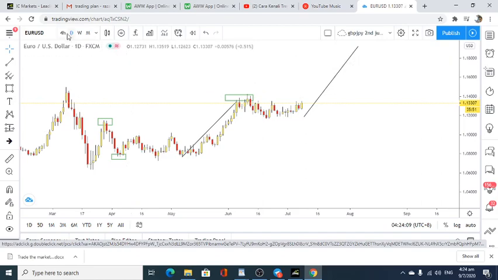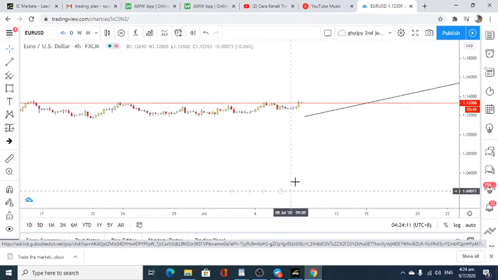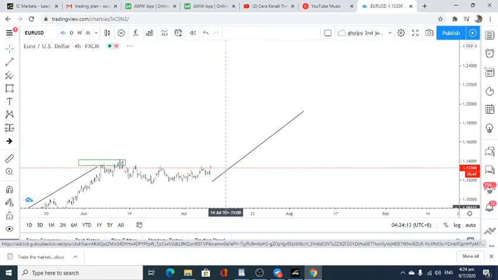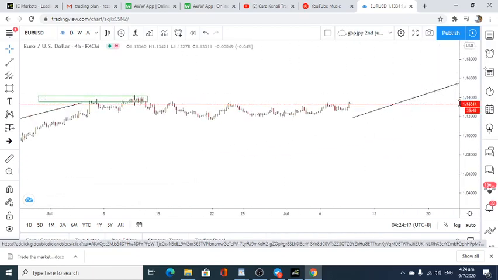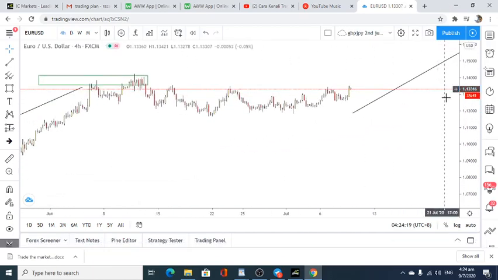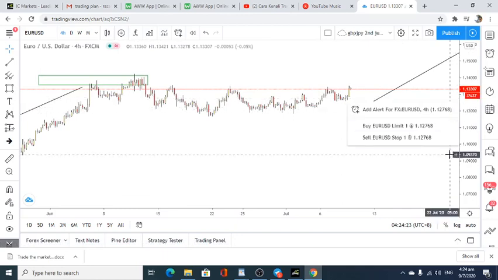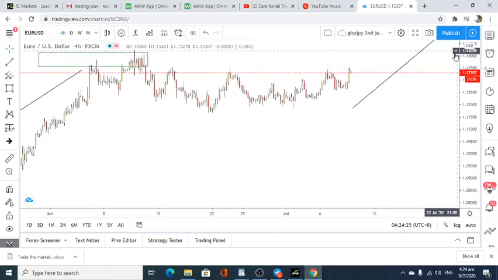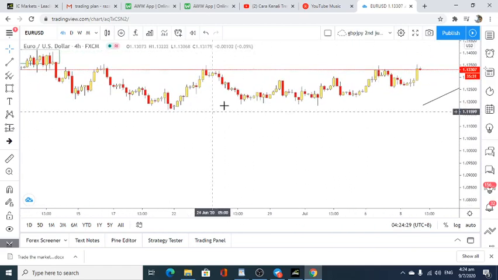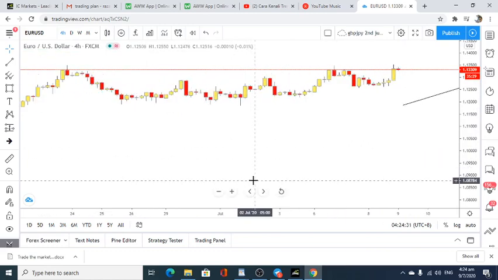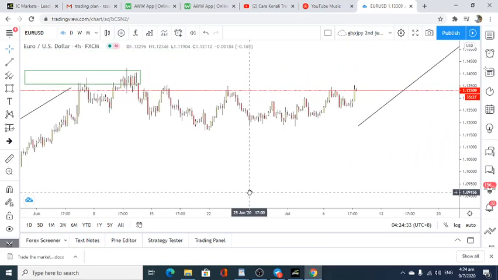If you look from an H4 perspective, price is pushing up.